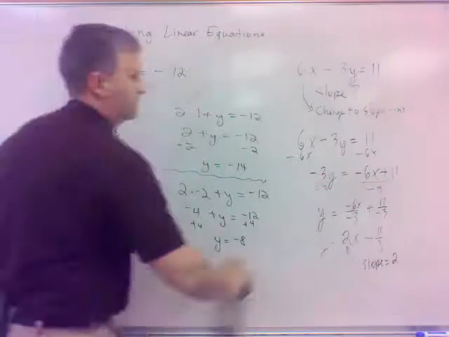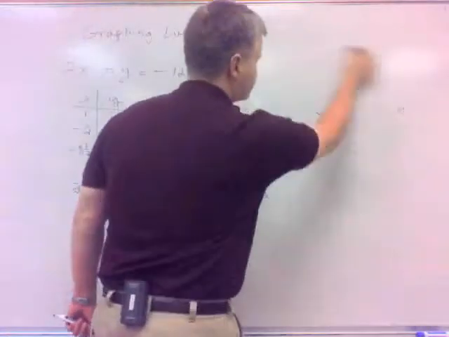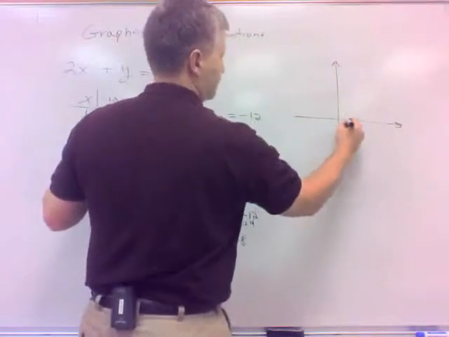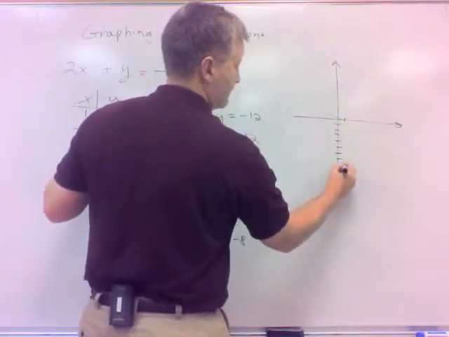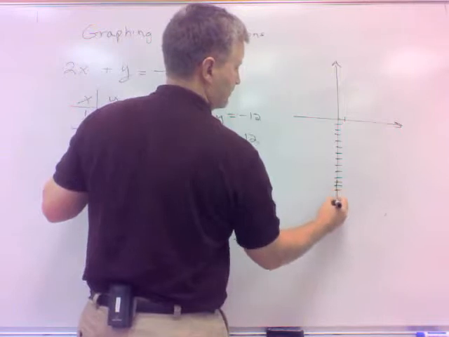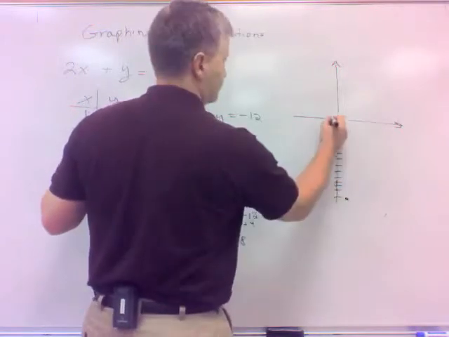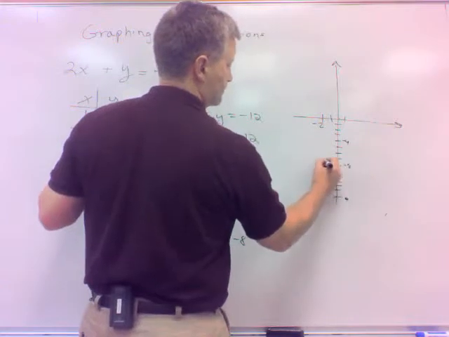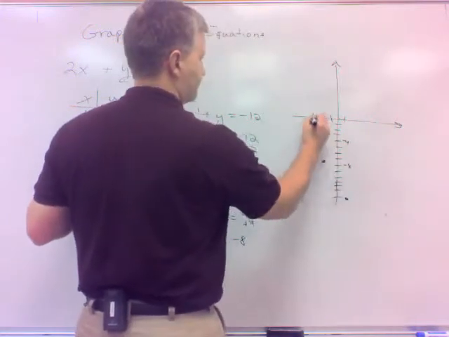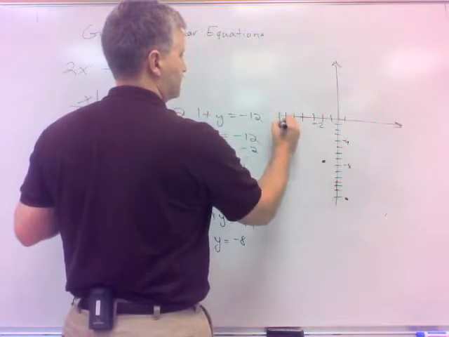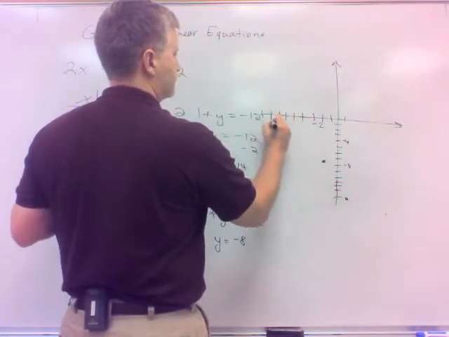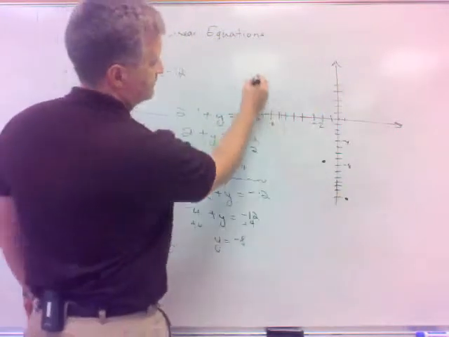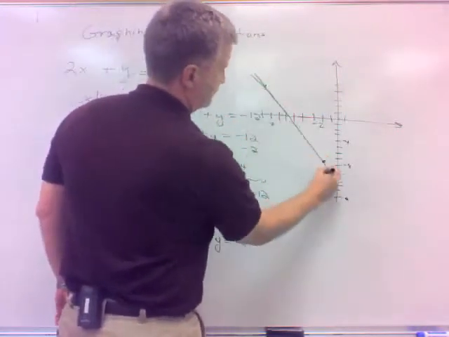That would give us enough to go on to graph that. (1, -14), (-2, -8), and (-8.5, 5). Those do seem to be lining up there like they should. Okay?